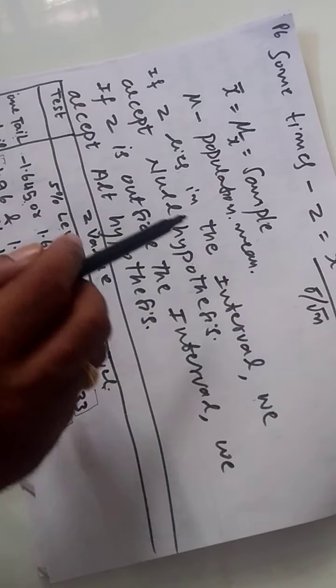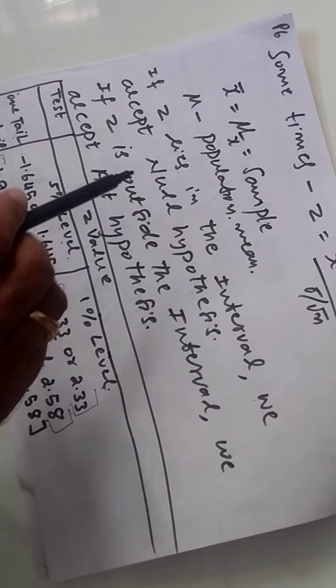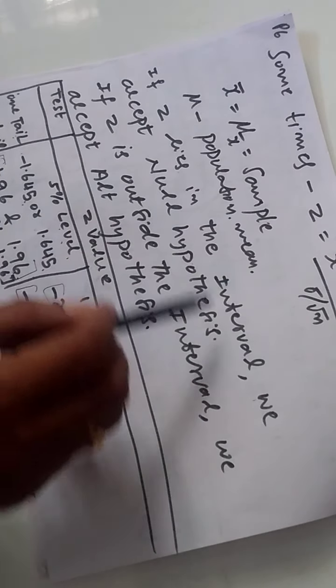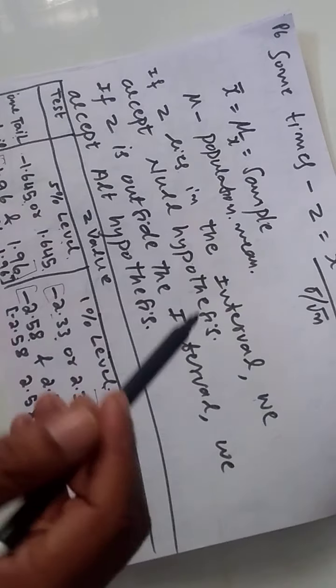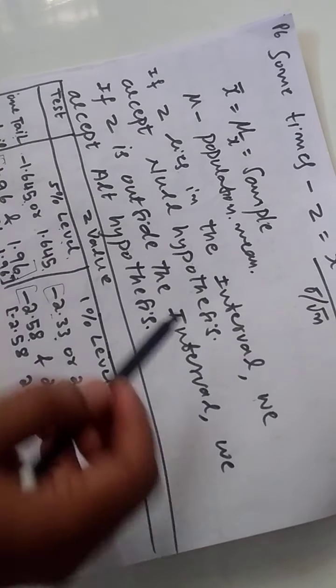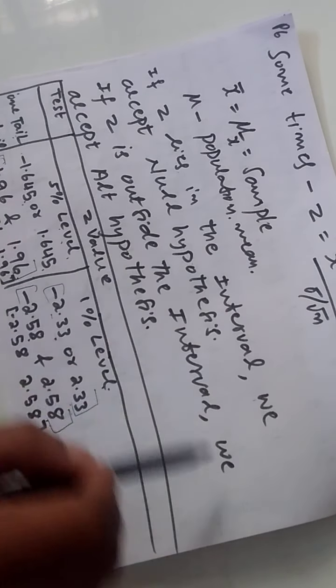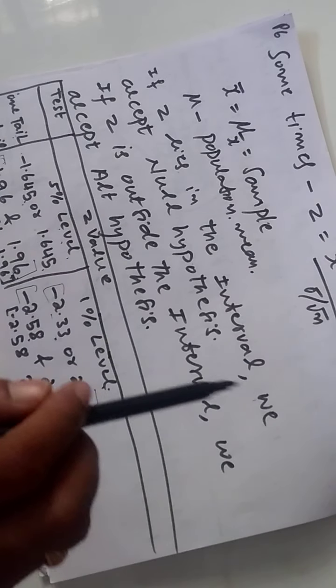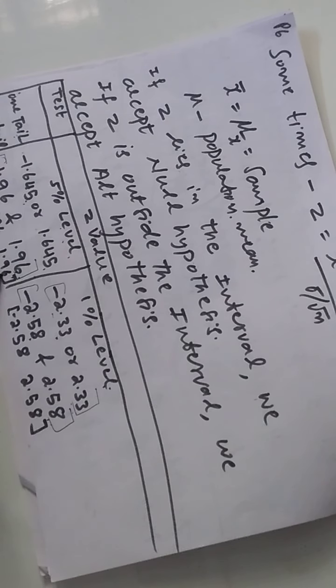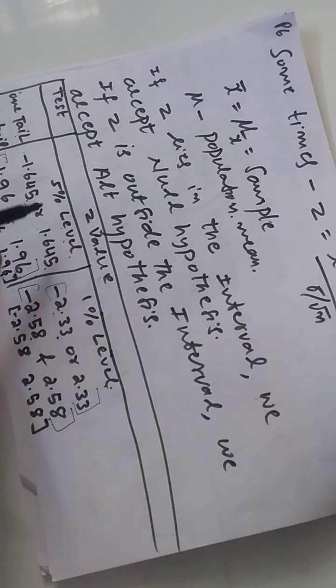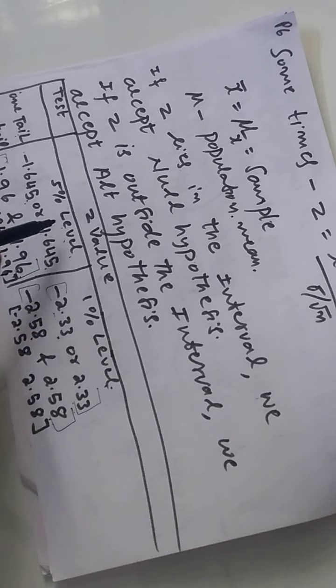So you can conclude in a very simple way like this: if z lies in an interval, always you are accepting the null hypothesis. If z goes outside this interval, you are accepting the alternative hypothesis. Suppose if z goes outside minus 1.96 to plus 1.96, then we say that we are accepting the alternative hypothesis at 5% level.